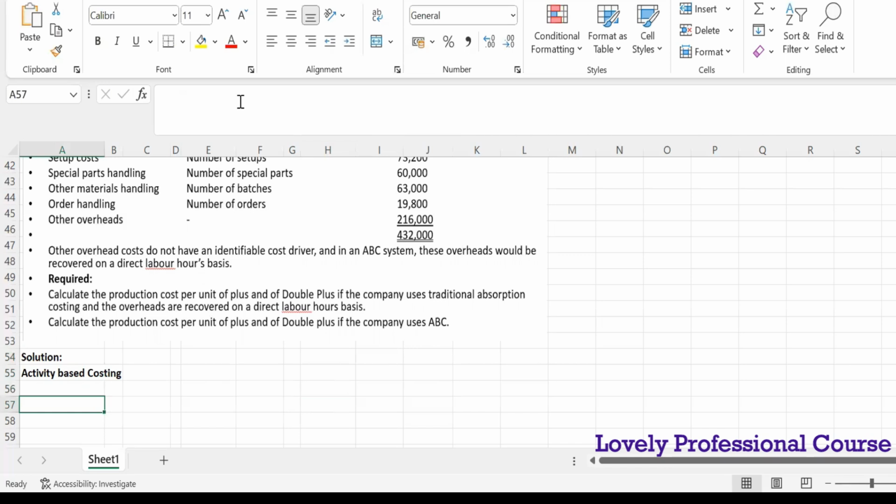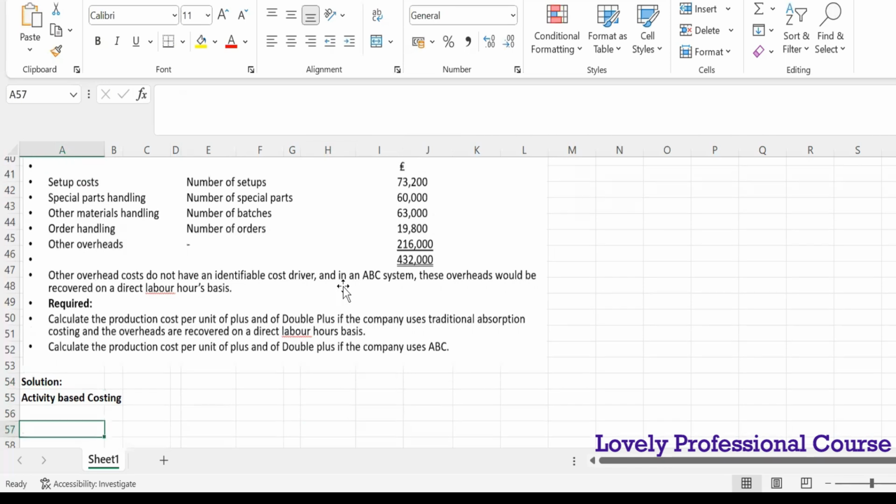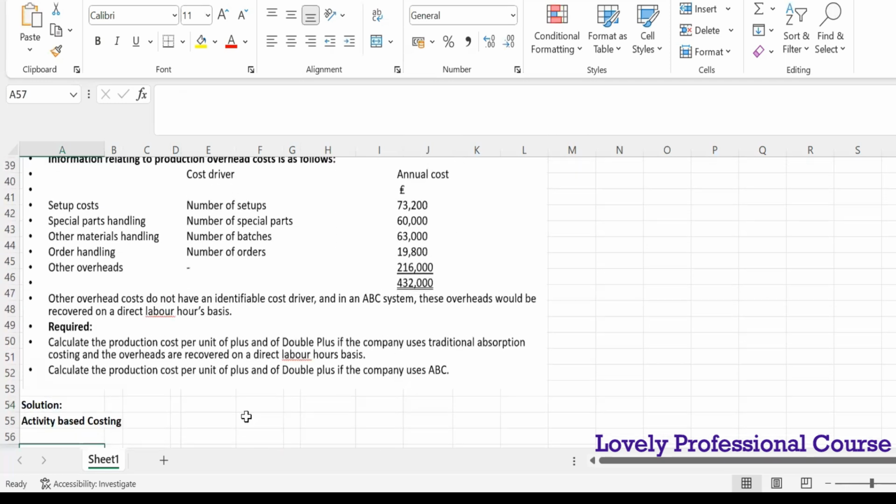Okay. By using activity-based costing, what are we going to do? If you understand the question, they are asking us to come up with a cost per unit. What will be the cost of producing 1 unit of plus and of double plus? And if they ask you to determine a cost per unit of a product, you need to do a cost estimation sheet.